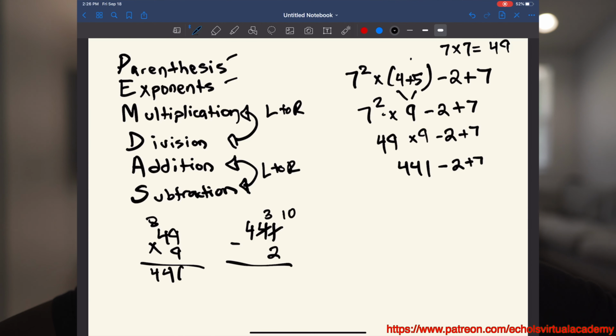It's 1 into a 10. 10 minus 2 is 8. 3 minus nothing, 3. 4 minus nothing, 4. So we've got 439. It should be 439 plus 7.